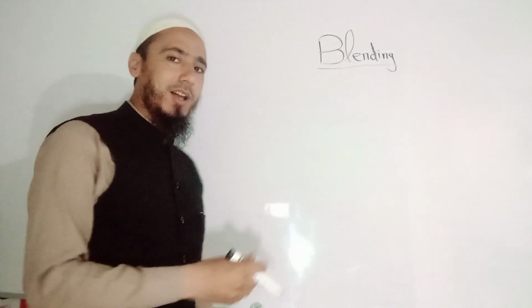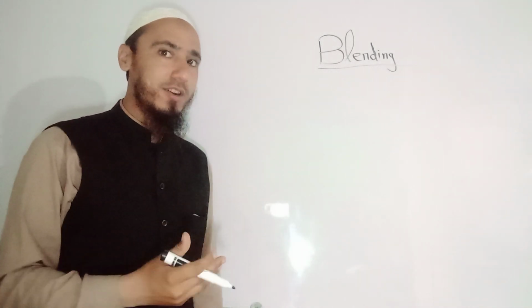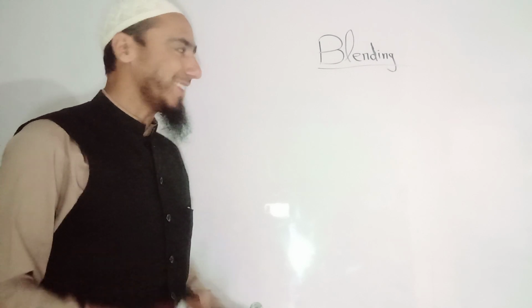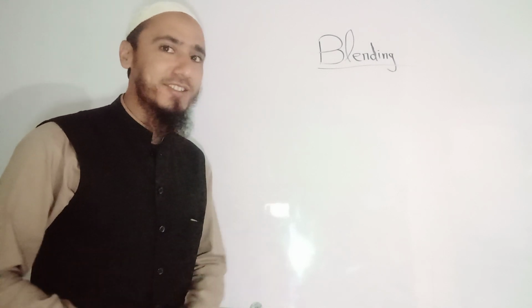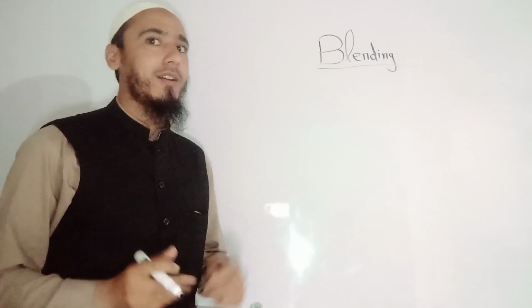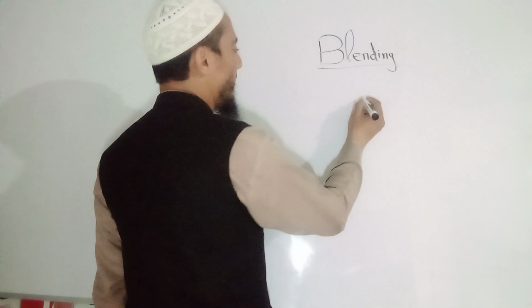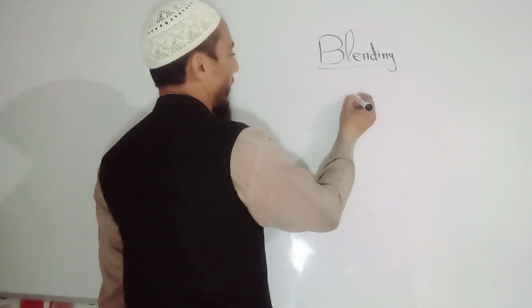For example, how to form new words with blending? Let me share some practical examples so that you understand this procedure. For example, we have two words.